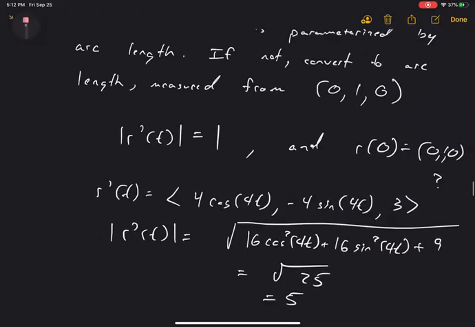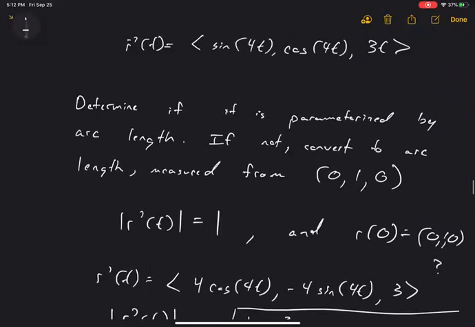Remember, A is the value of t that when I plug it into my function gives me this point, my initial point. So what value of t do I plug in to my function to get this? Well, let's see, I want sine of 4t to be 0, so that could be 0.